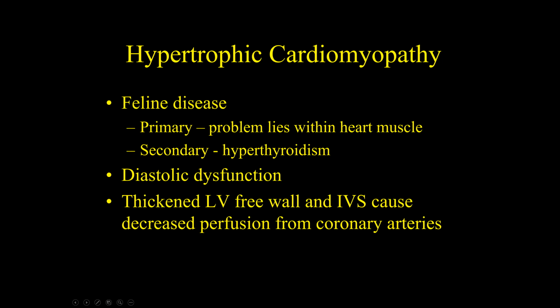Okay. So hypertrophic cardiomyopathy is a diastolic dysfunction. Basically the heart muscle in these cats, and in general, it's going to be the left ventricular free wall and the interventricular septum. So all of the musculature that surrounds the left ventricular lumen becomes really thick.